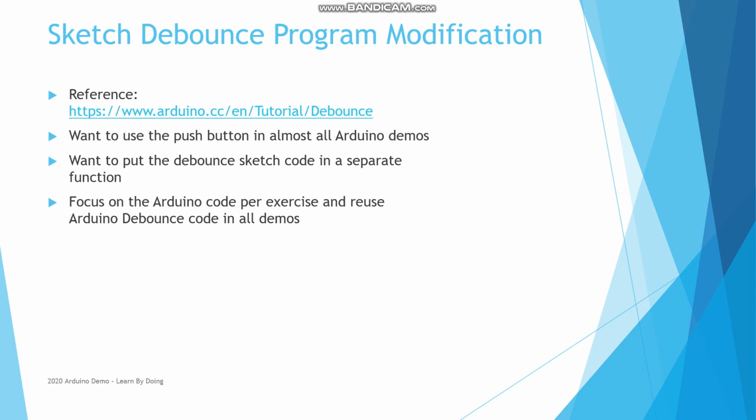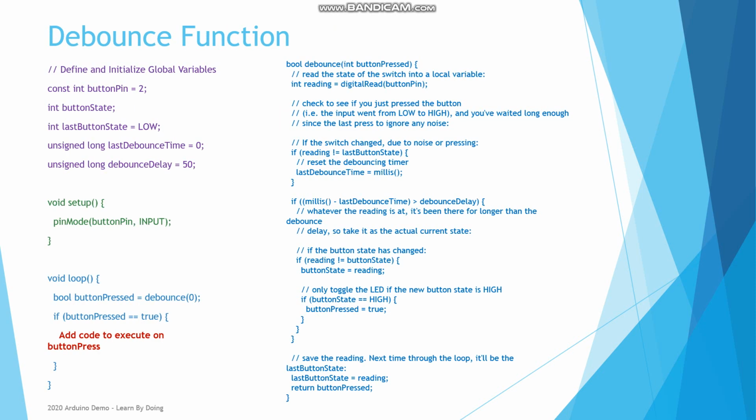Okay, so what did I do? This is how I took the example code of debounce, and I put it into a separate function, and I made it a boolean type of function calling it debounce, which is on my right hand side over here.